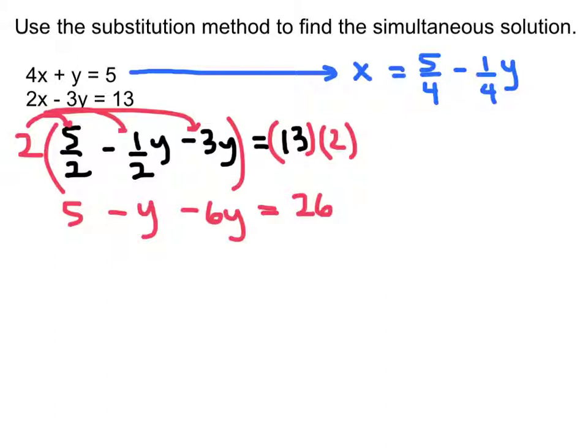So to follow through, we'll combine like terms. Negative y minus 6y is negative 7y. We still have that 5 in front, still equaling 26.